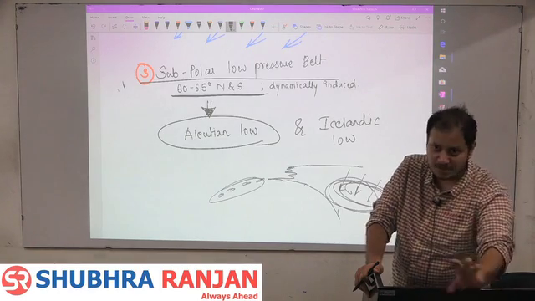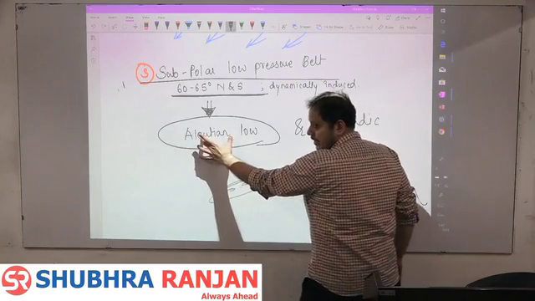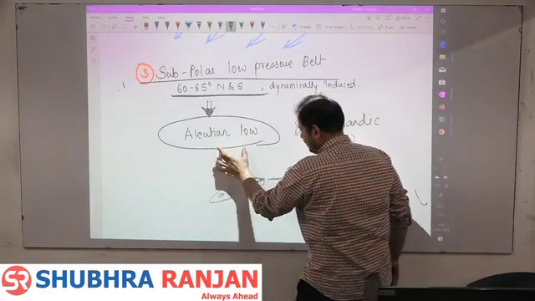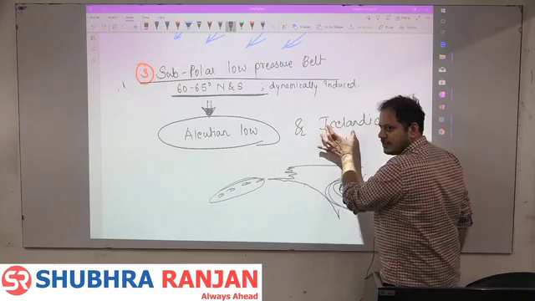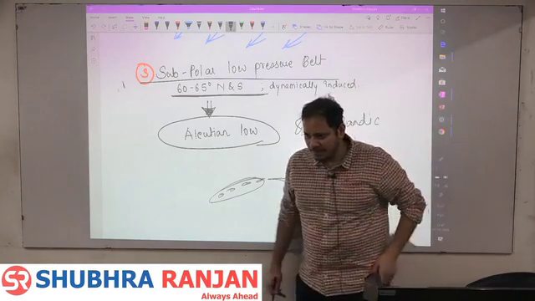Why is it discontinuous? Because it disappears during the winter season from all the regions except Aleutian Islands, therefore it is known as Aleutian Low, and Iceland, Greenland region, therefore it is known as an Icelandic Low. Bas. Getting it?